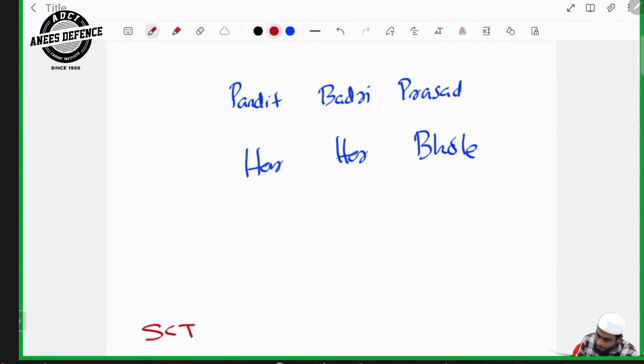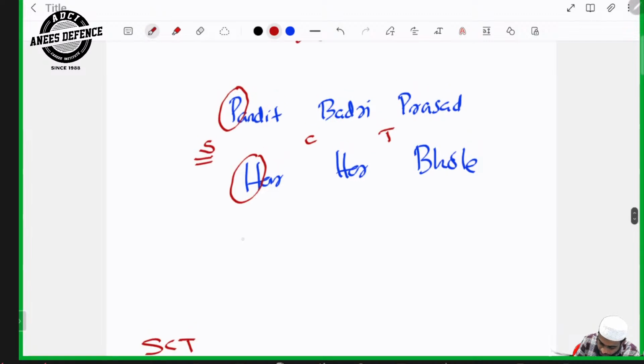Here you can put sine, here cos, here tan. We are not interested in Pandit, but only in that P. This is P, this is H. So this is sine. The order sine, cos, tan should be fixed. There is no change for that order.